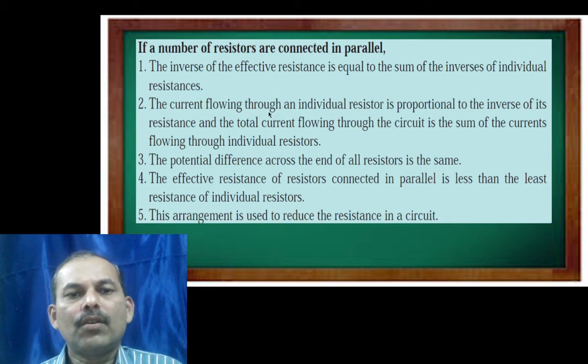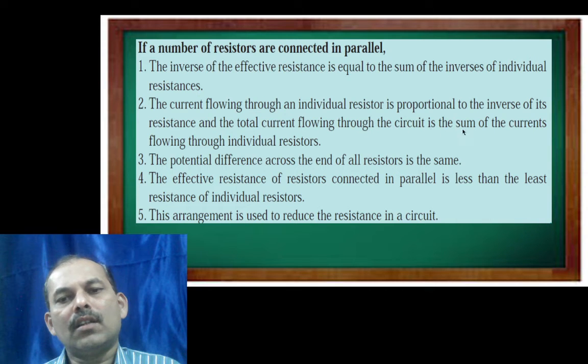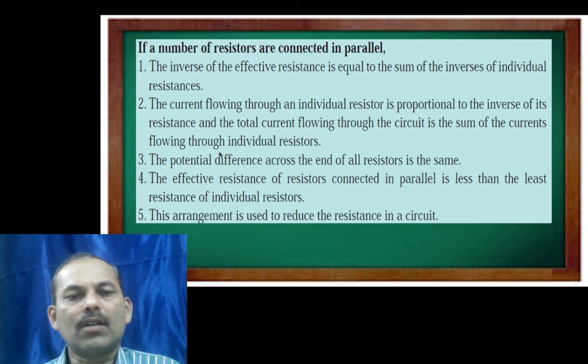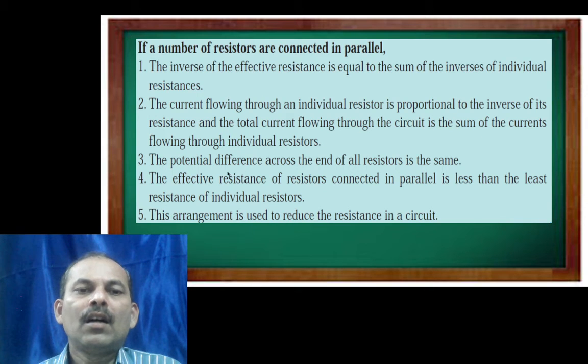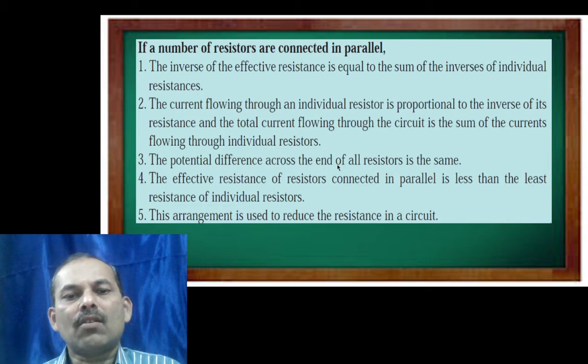The current flowing through an individual resistor is proportional to the inverse of its resistance, and the total current flowing through the circuit is the sum of the current flowing through individual resistors. The potential difference across the ends of all resistors is the same.